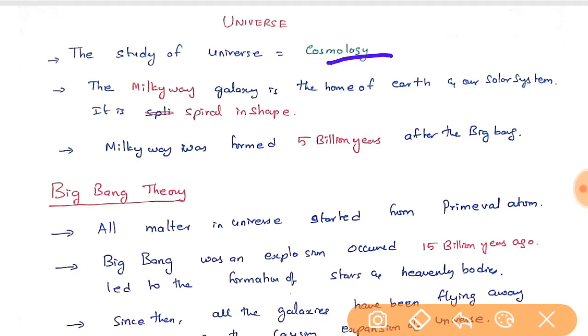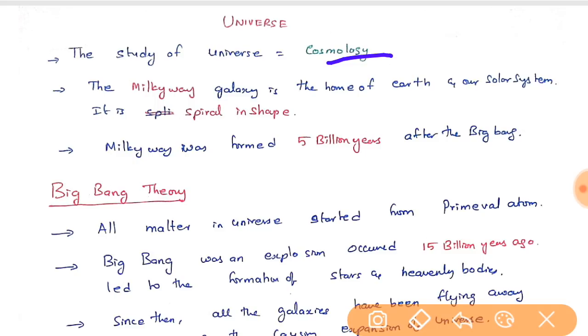Solar system is in the Milky Way galaxy, friends, and out of many thousand galaxies, our galaxy is one of them. All these celestial bodies, heavenly bodies, are included and called the universe, friends. So it's a very big world out there, and we are going to shed some light on the theories, friends.